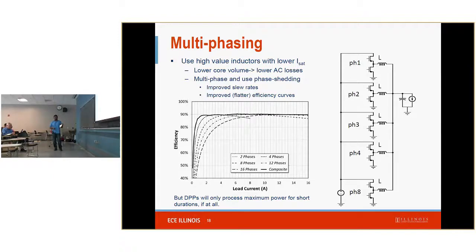But the thing is that with DPP, my converters are only going to process very low amounts of current most of the time. So I'm going to end up using maybe just these two phases for most of the time, and these phases are going to be off most of the time.